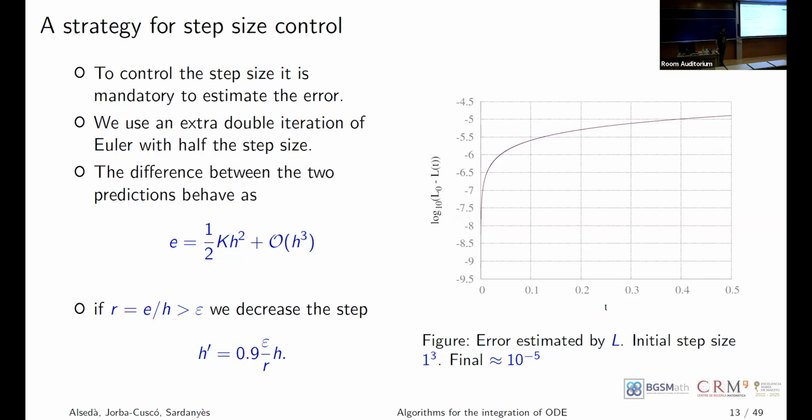So step size control is important. And we'll see later that it is very important. I mean, because one could think that, okay, who cares? I do a very, very small step size and I'm okay with it. So that could be some idea. But that's a very bad idea.